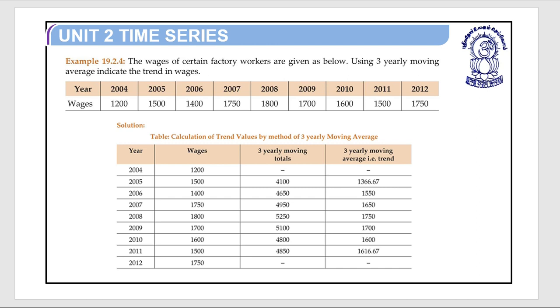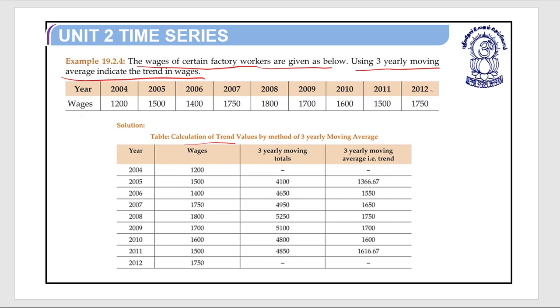Example 19.2.4. The wages of certain factory workers are given as below. Using 3 yearly moving average, indicate the trend in wages. Year 2004 to 2012, wages 1200, 1500, 1400, 1750, 1800, 1700, 1600, 1500 and 1750.